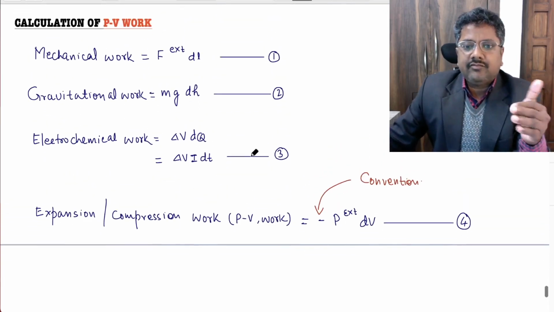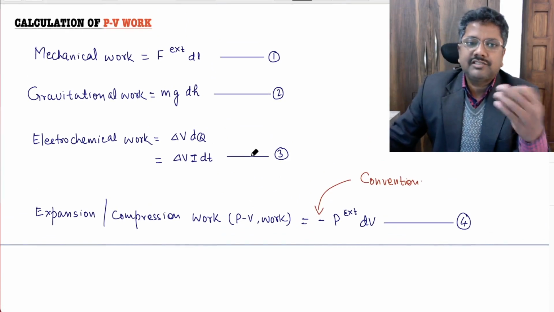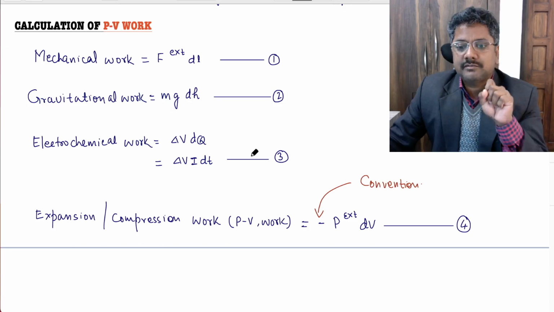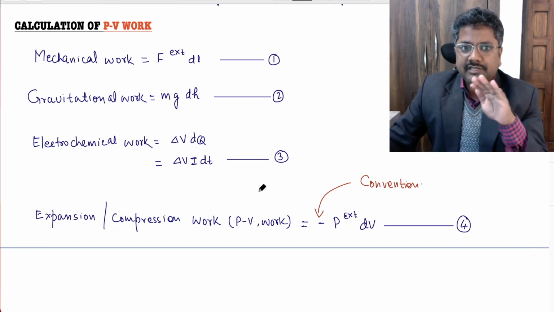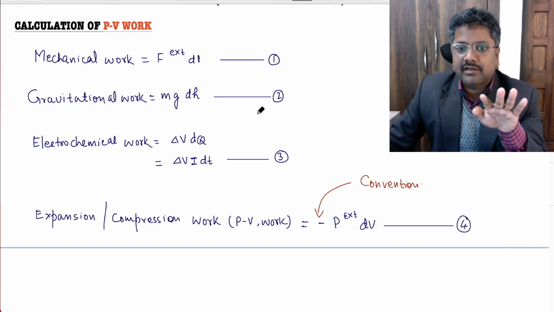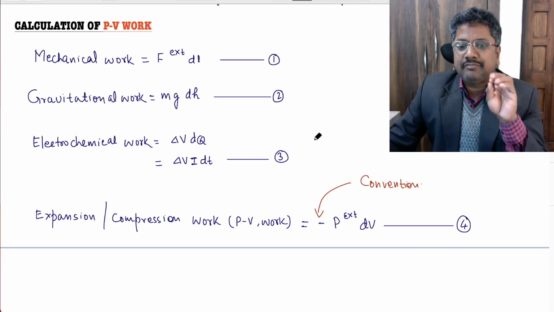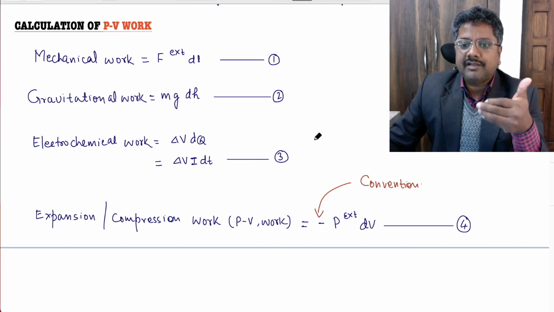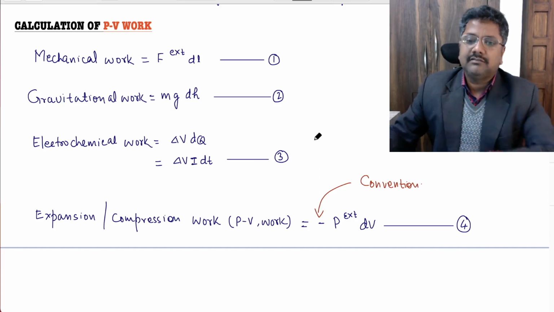Any kind of work, whether it is a path function or a state function, depends on the nature of force involved in that work. Some work is state function, some work is path function. Here we mainly focus on the PV work, and PV work is a path function, which means it depends on the path followed by the process.